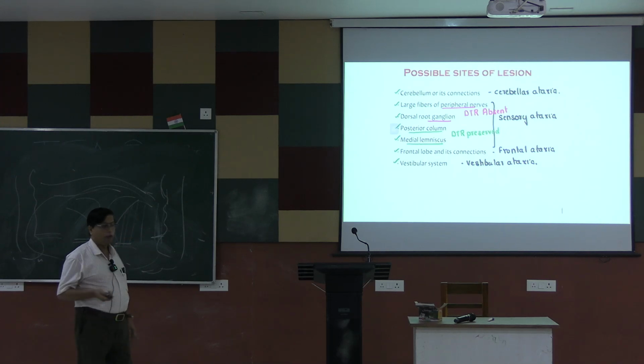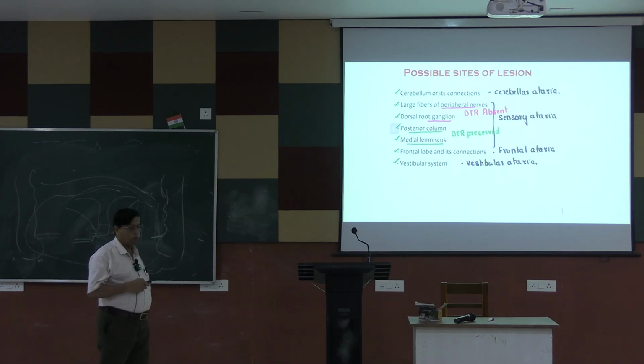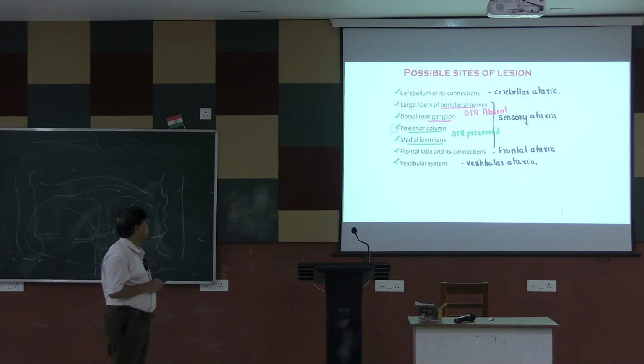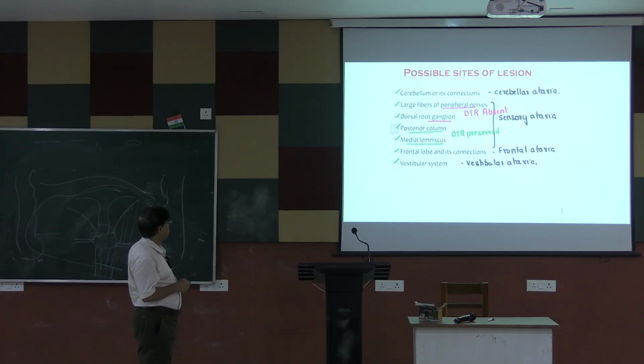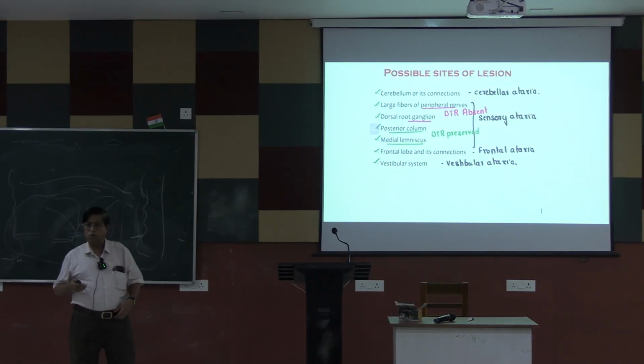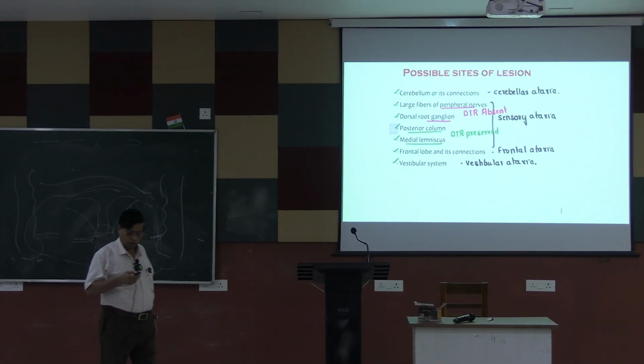What may the lesion be? The lesion may be in the cerebellum; we call it cerebellar ataxia. When the lesion is in the posterior column, the tract of Goll and tract of Burdach in the posterior part of the spinal cord, they carry proprioception and also the sense of position and posture.